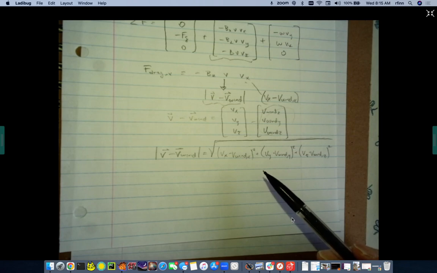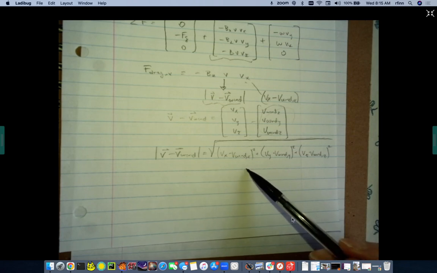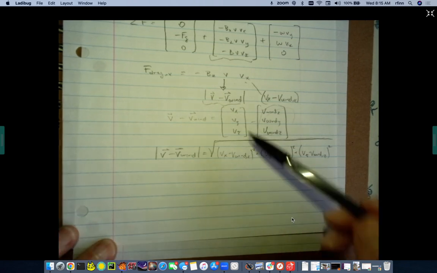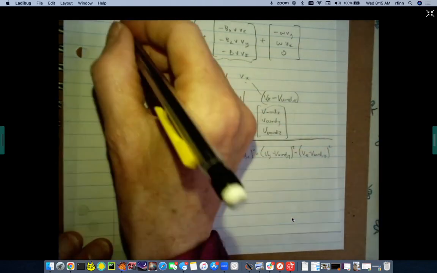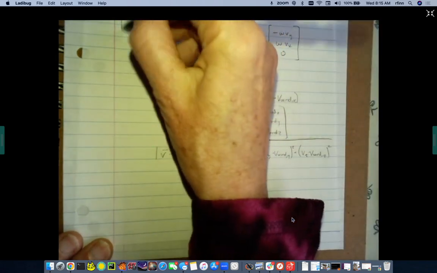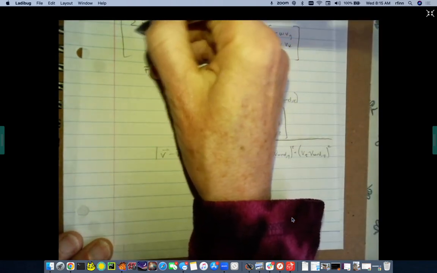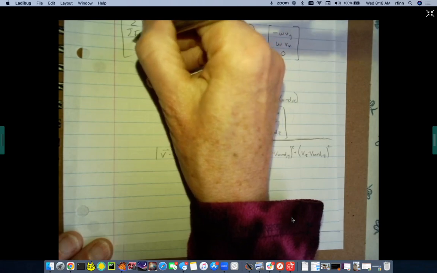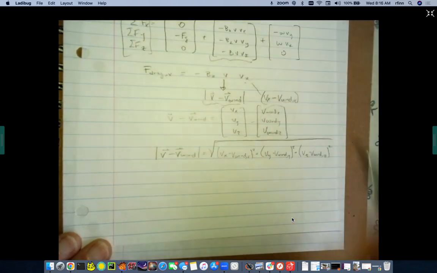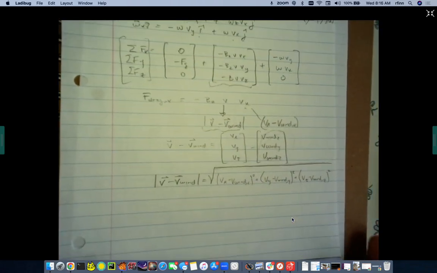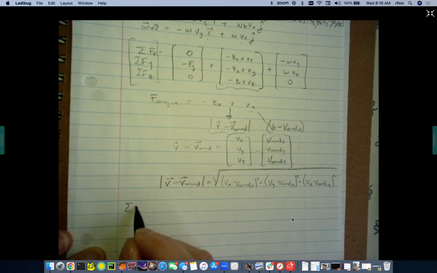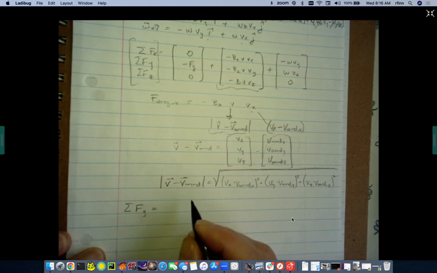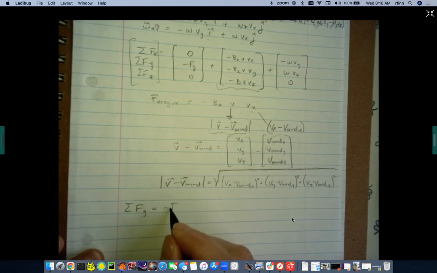Okay, I guess we have enough now to write out, for example, the y component of the force. This is really the sum of the forces in the x, the sum of the forces in the y, and the sum of the forces in the z. So let's just do the y equation as an example. We have the negative force of gravity.